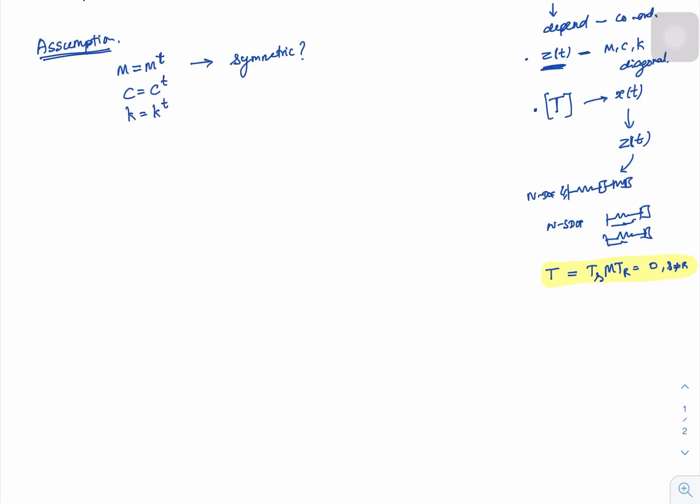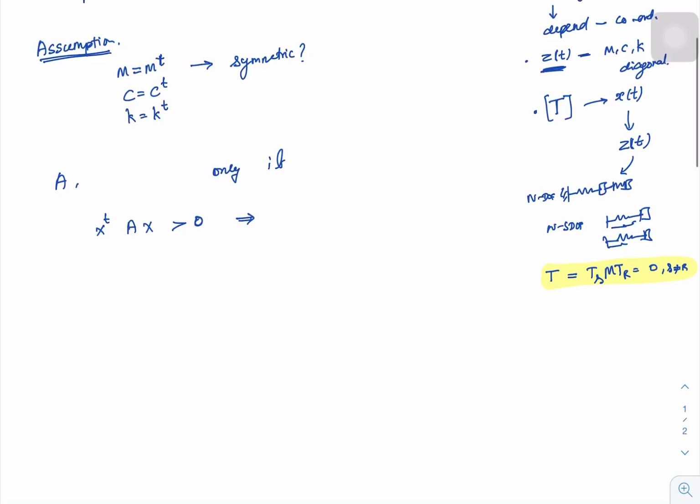In linear algebra, a matrix A is positive definite if x transpose A x is greater than 0 for all x.